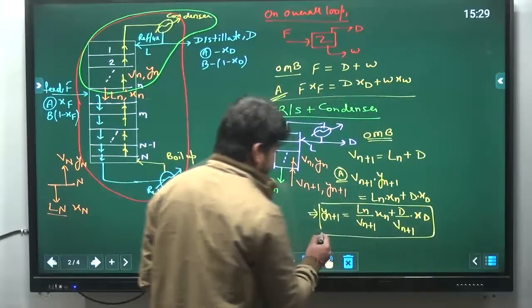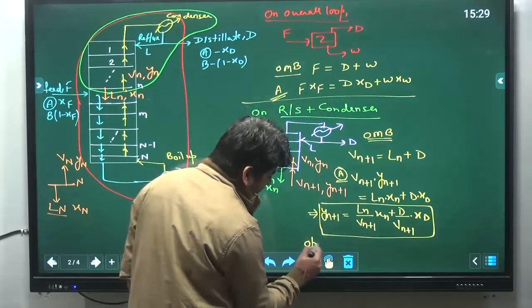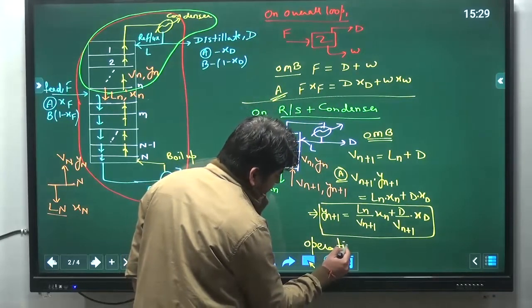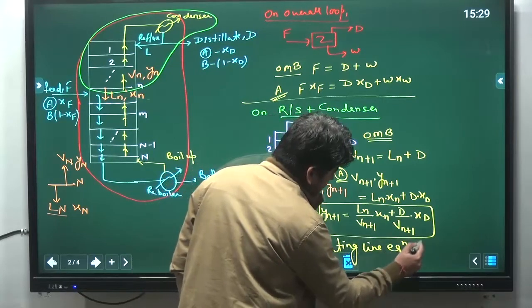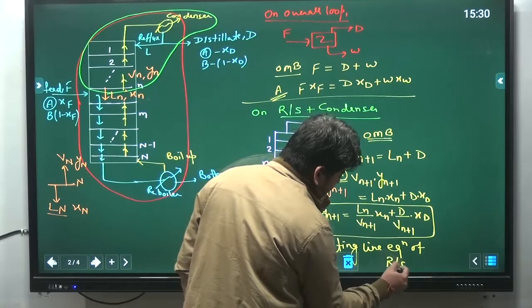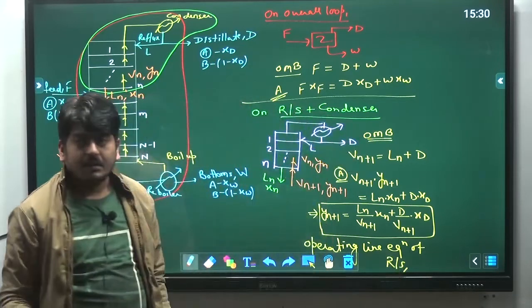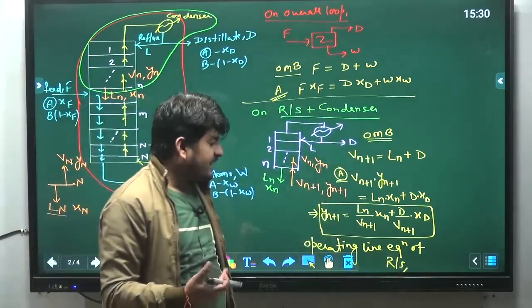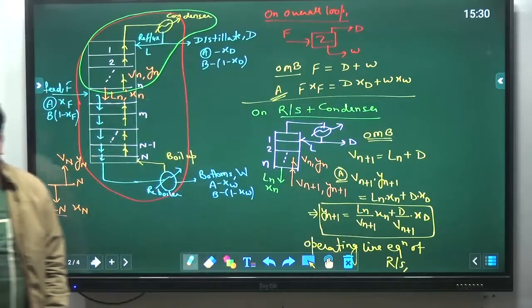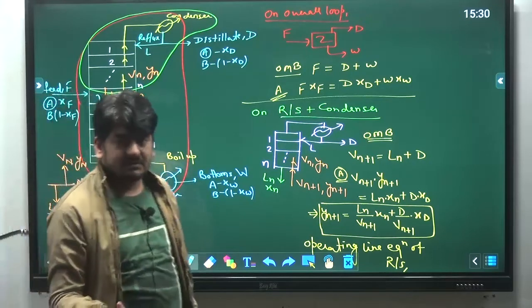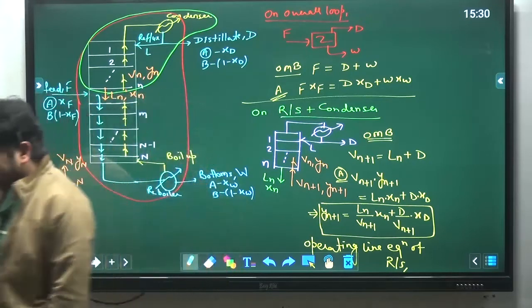And this equation is called the operating line equation of the rectifying section. Operating line means the operational line, meaning how the actual mass transfer is taking place.